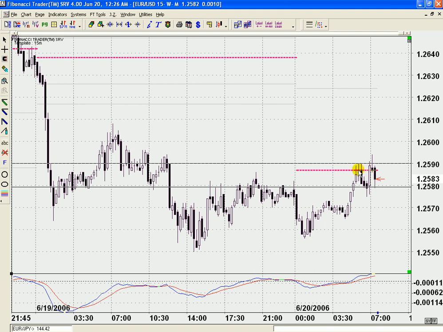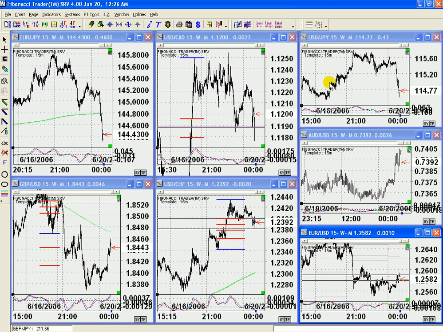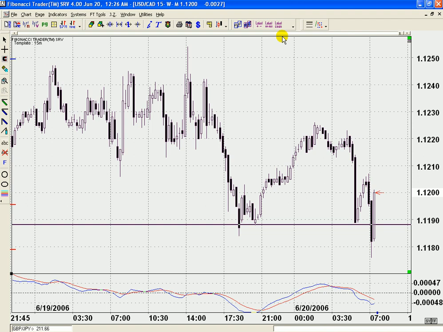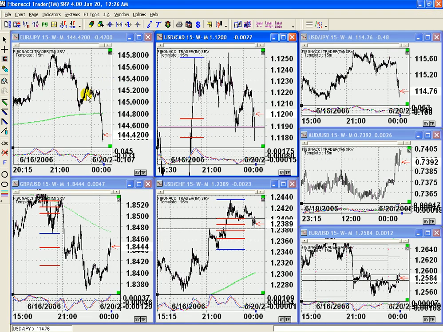This is our central pivot for the day. This bold red line is our central pivot, and we're looking for that to hold. You see the nice hammer formation we have here. The problem is it reaches out into somewhat of a no man's land. I just want to look at the dollar Canada here for a moment, and I need to see it rally for various reasons.